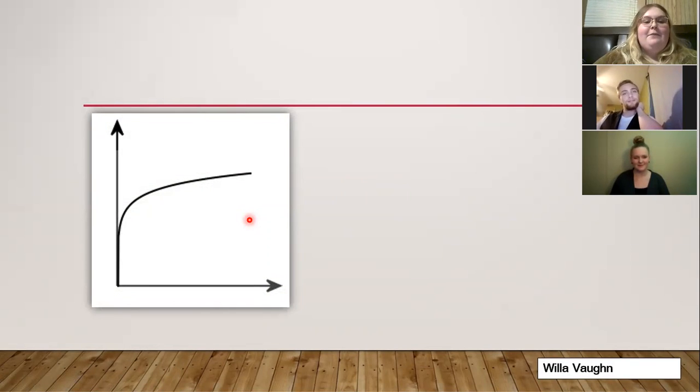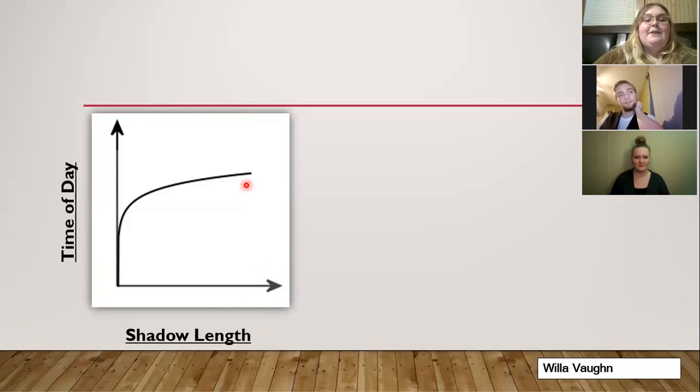So the graph I'm going to be doing is the shadow of a flagpole. So we're going to start out with our x-axis being the shadow length and our y-axis being the time of day. As you can see, the shadow starts out down here as nothing because the flagpole isn't going to have a shadow.